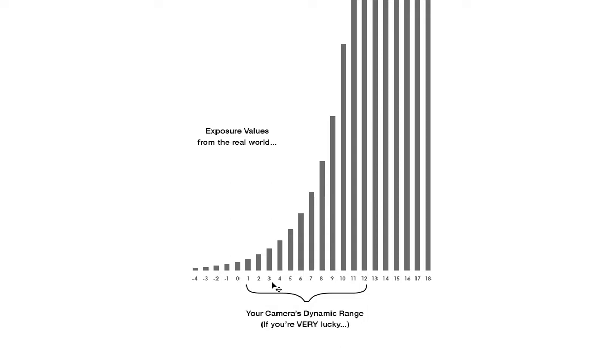The range of luminance values out there in the real world is huge. It's way bigger than what your camera can possibly capture. So in that sense, what you're doing when you adjust your exposure is you're selecting a range of these values that you want to work with. And this is really what photography is all about.